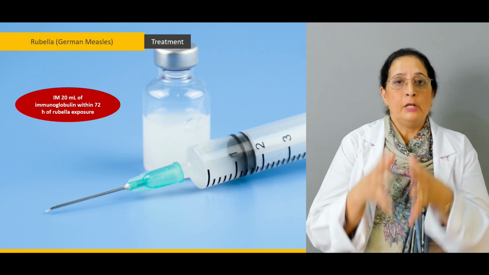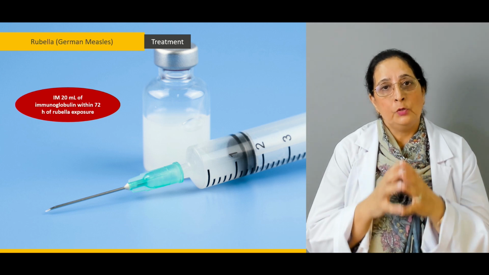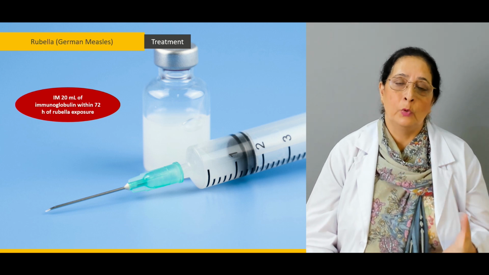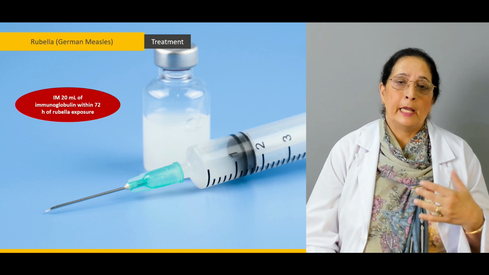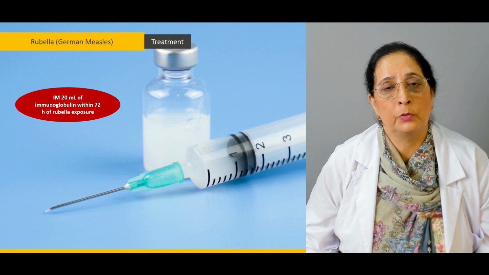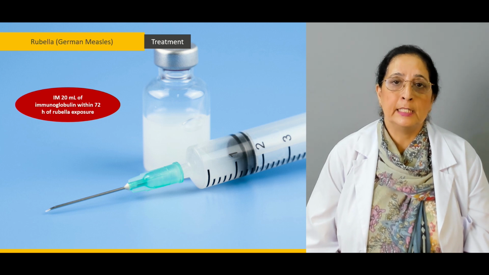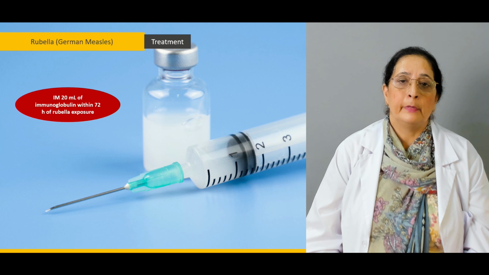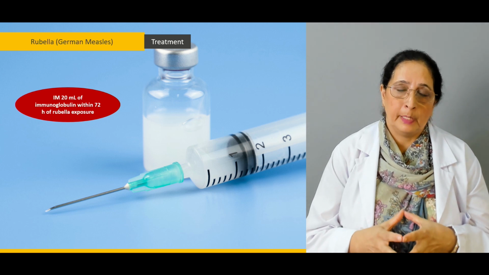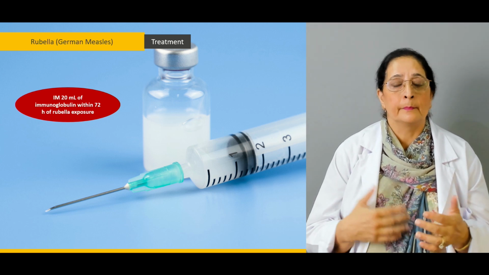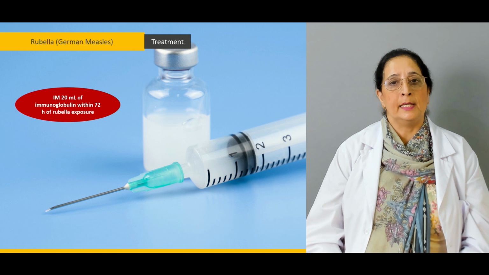If rubella infection is diagnosed in a pregnant woman, depending on the stage of pregnancy, sometimes therapeutic abortion is recommended so we can avoid congenital rubella syndrome, or congenital infection in newborn babies, because it affects all the organs of the baby, including the heart, nervous system, eyes, ears, bones, lymph nodes, and abdominal organs. So everything is affected.